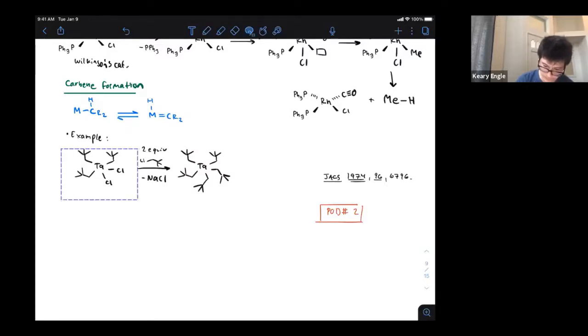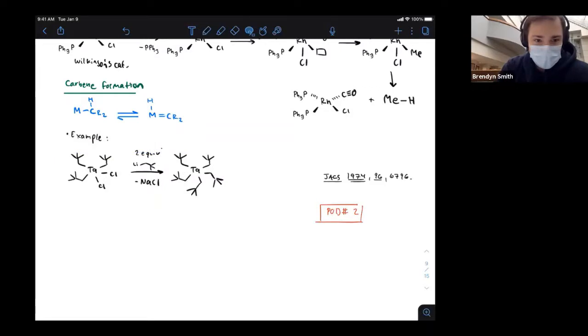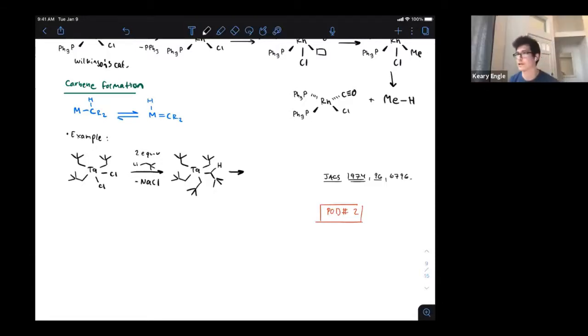Brendan? I guess we're going to try and generate a carbene somehow. Let me think here. This doesn't look like a carbene precursor from what I'm used to seeing, so it's a little hard for me to see. I'll draw this in a suggestive way.